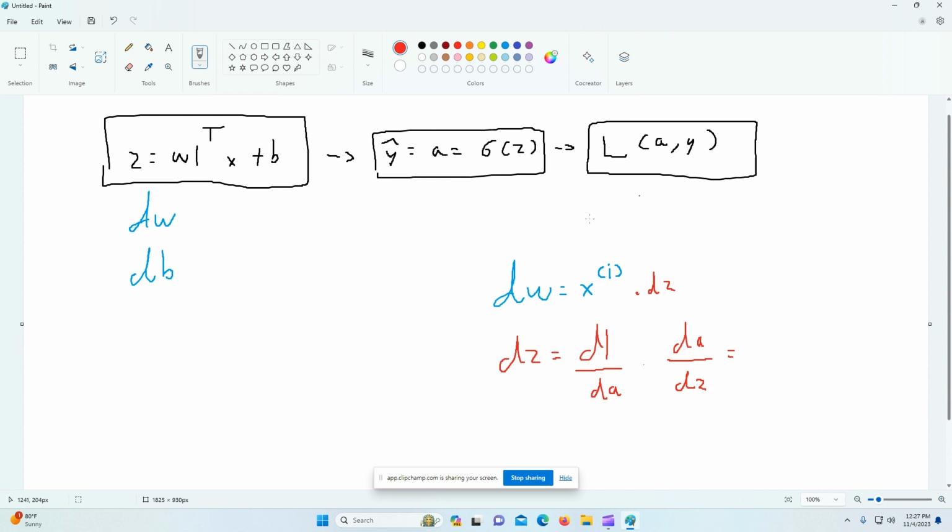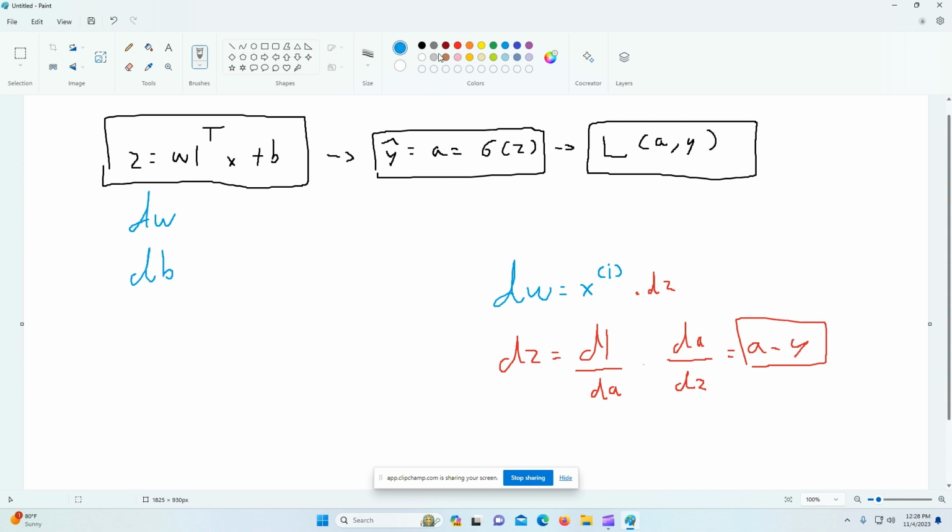You can Google it if you want, but it's pretty much just going to be A minus Y. So literally just the sigmoid of our prediction minus the observed, or actual, value.